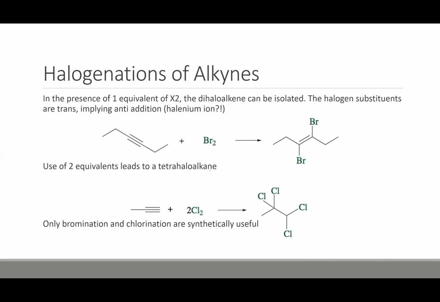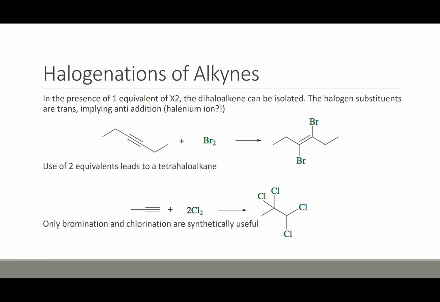So in the case of a triple bond, it's the same type of addition, except our triple bond goes to a double bond, and those bromines get added in an anti-fashion. So you result in a trans formation of the double bond. Now, if you use 2 equivalents of the halogen that you start with, you can halogenate fully.